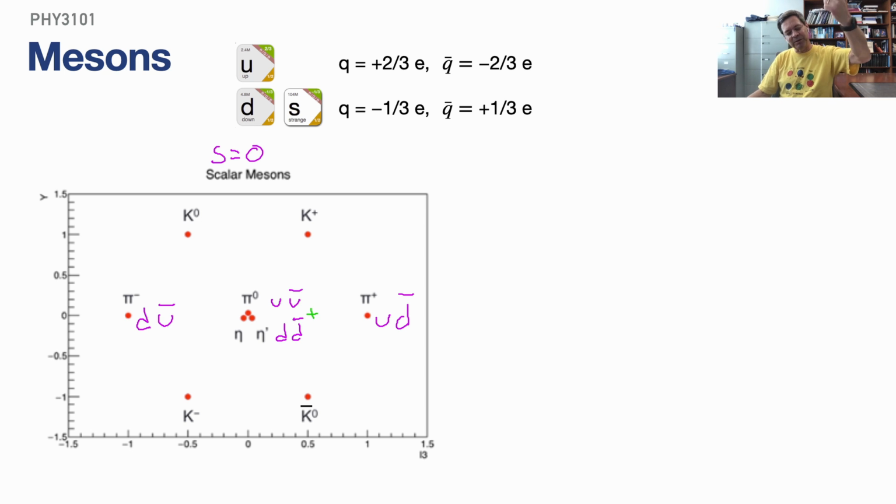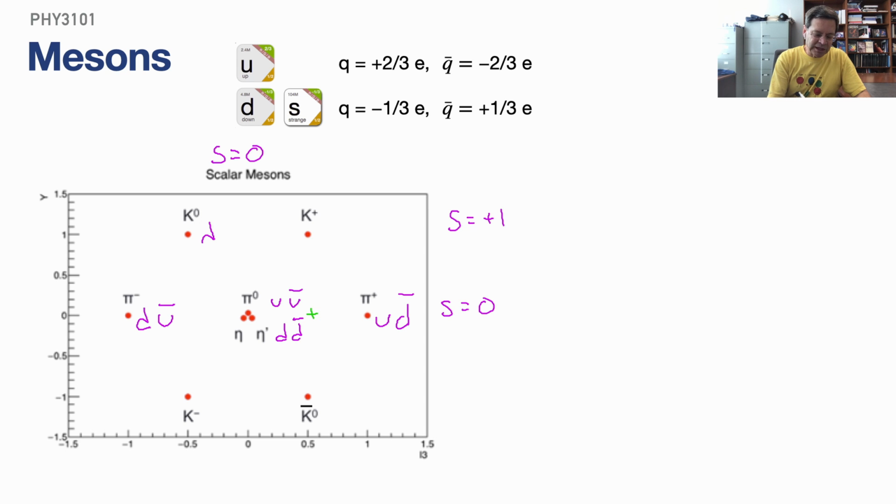All right. Now, going from that middle row, we can add a strange quark, so it'll be heavier, but it's heavier going both up and down. So for the kaon, the K0, the top left particle here, that's going to be strangeness plus 1. The middle row, of course, was strangeness 0. And the K0 is strangeness plus 1.